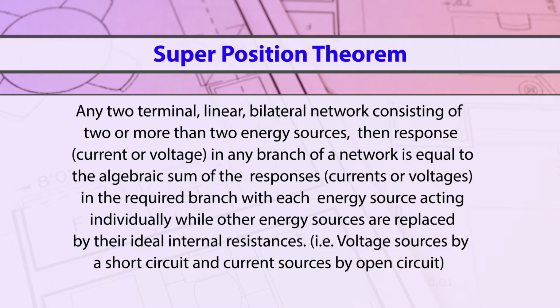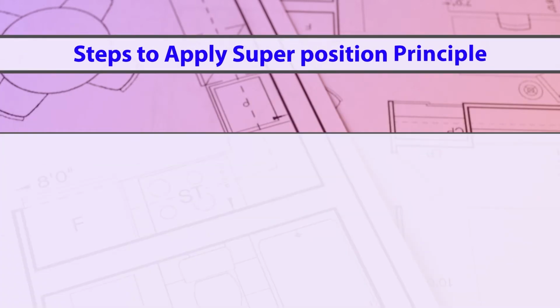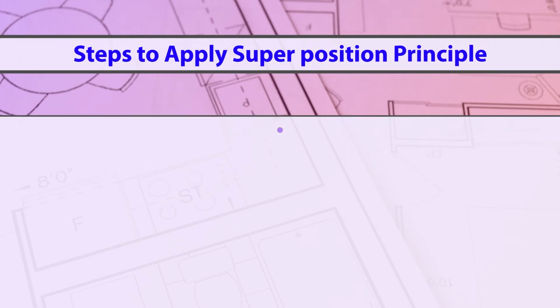As you know, the internal resistance of an ideal voltage source is 0, that means you can replace a voltage source by a short circuit, and the internal resistance of an ideal current source is infinite, that means you can replace an ideal current source by an open circuit.